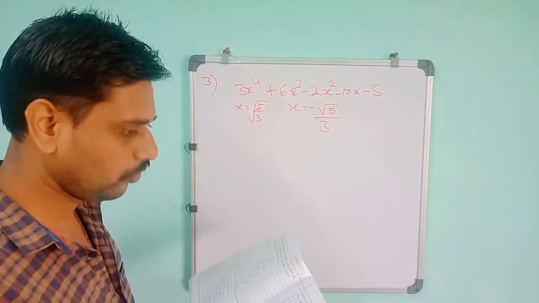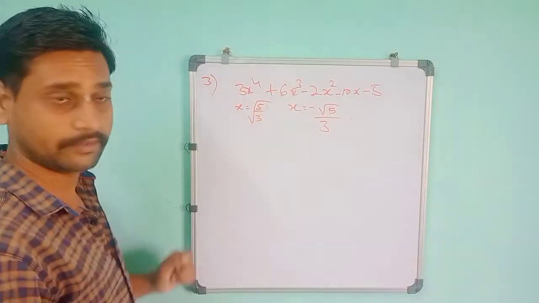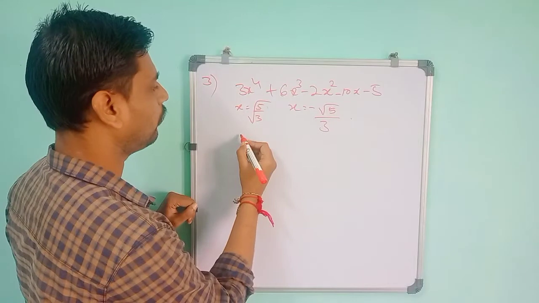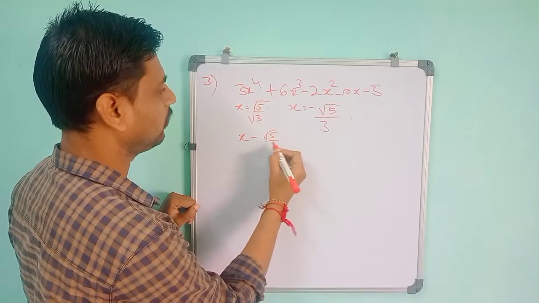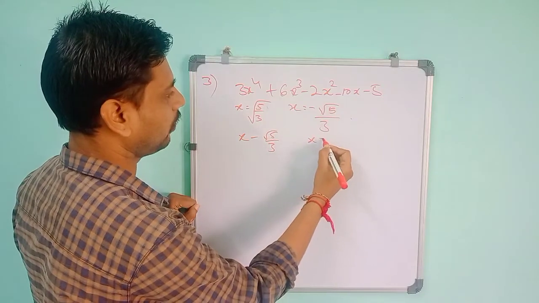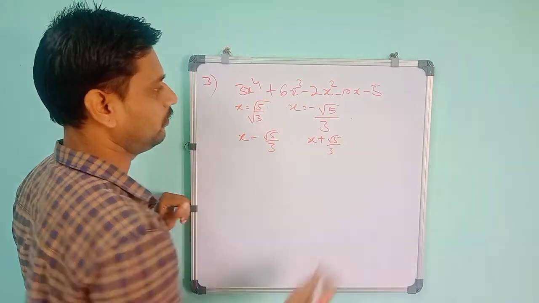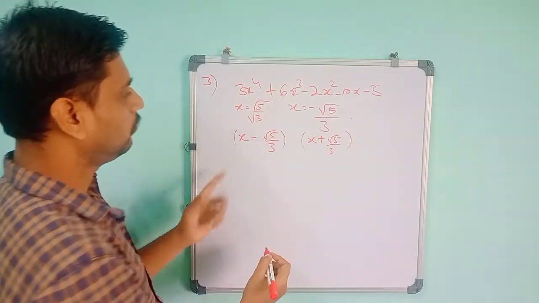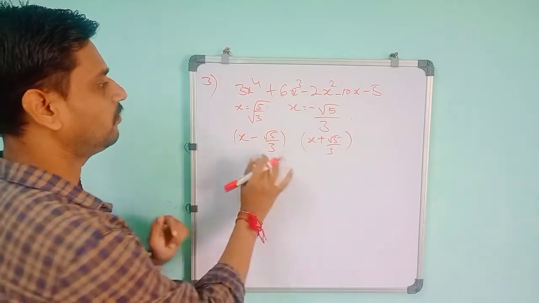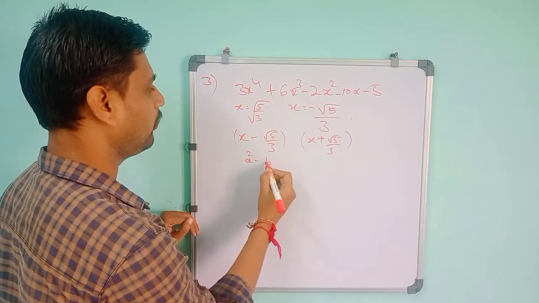So what you have to do here is write the zeros as x minus root 5 by 3 and x plus root 5 by 3. You can multiply these two numbers. It is a minus b, a plus b, and a plus b times a minus b is a square minus b square.